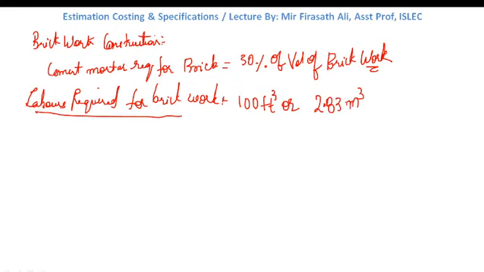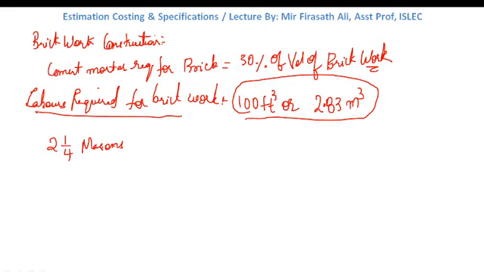For this much amount of brickwork, we require 2 1/4 masons and 4 1/2 mazdoors.